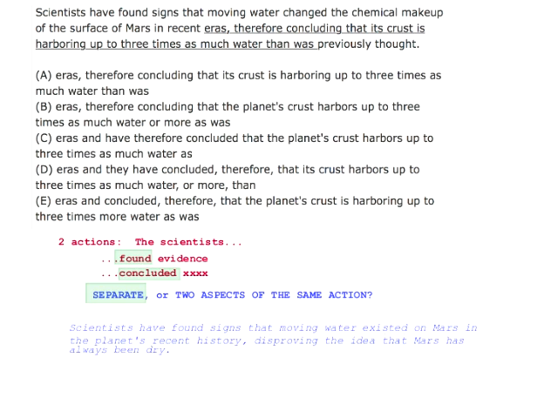This time, smiley face if you guys understand why this sentence would also be correct. Because this time, they're not separate things. Finding these signs actually was the disproof. Because if you find evidence that there was water somewhere, then by finding that evidence, you have already disproved the idea that it was a dry place.